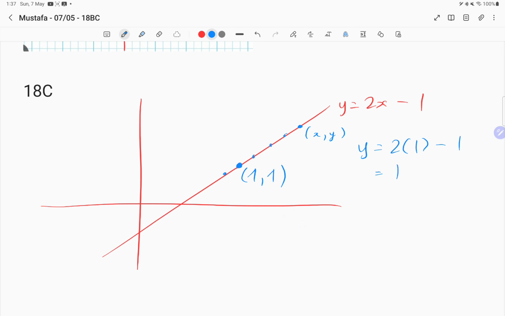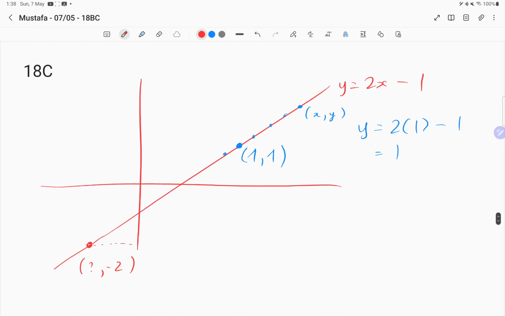Let's say I pick another point down here. I don't know what the x is, but the y is negative 2. How do we find the x value? Well, again, it's on this line, which means you substitute the y value in.